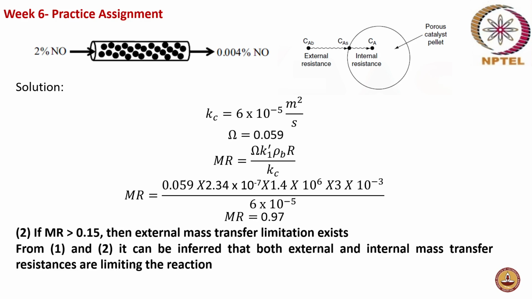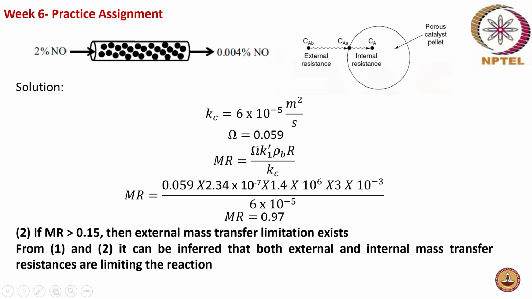So what are the two observations from the Weiss-Prater criterion and Mears criterion? We observed in this packed bed system, where nitrous oxide is converted to nitrogen, that it involves both external and internal mass transfer resistances limiting the reaction.